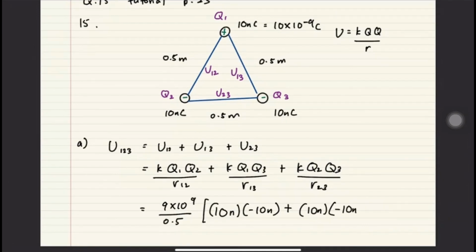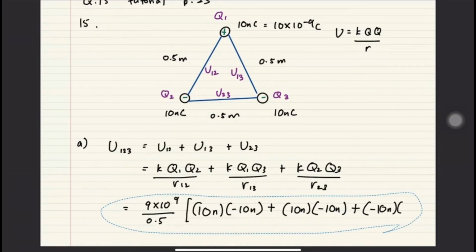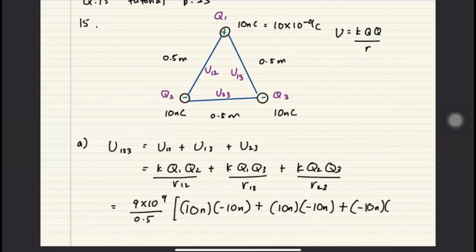You have to be careful buat yang ni step by step ni slow lah. Negatif 10. Okay. Running out of space. So, saya buat di sini sikit. Negatif 10. Okay.